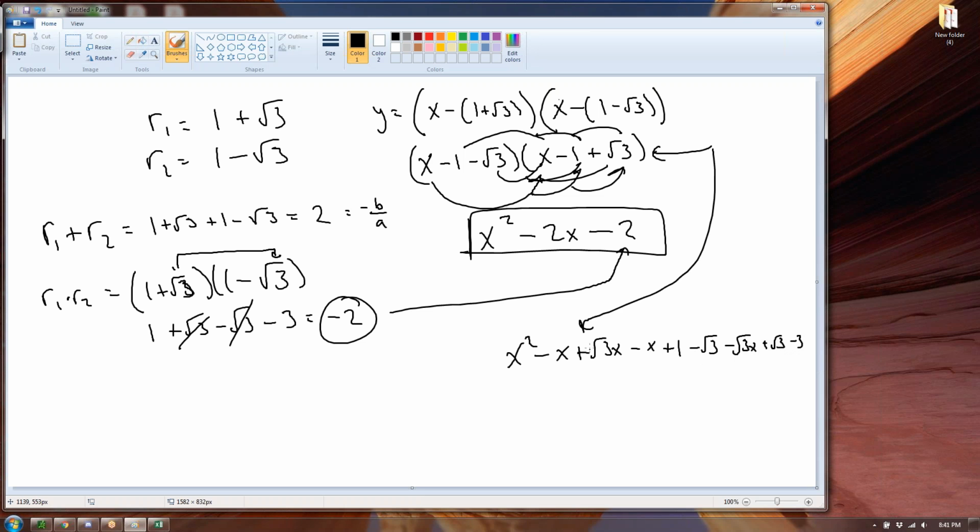And if you got everything right, you can see the negative and positive root 3 drop out. The negative root 3x and the positive root 3x drop out. And then these make a negative 2x. And then the 1 and the negative 3 make a negative 2. Not bad. But what if you mess up? What if you foiled something wrong and it just became a trap? So that's where the sum and product of the roots really help out.